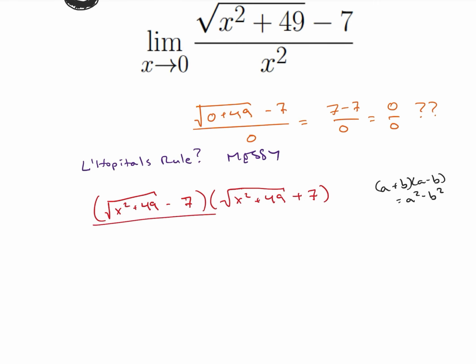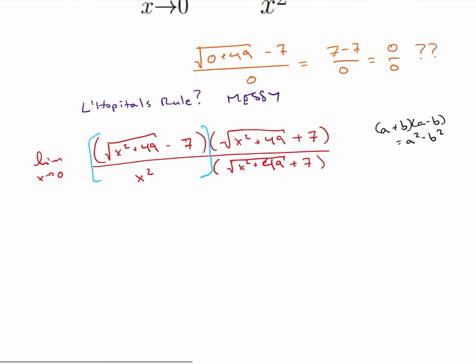So let's go up here and look now at the limit as x approaches 0 of, this is my original expression right here on the left, and I'm just going to multiply it by the square root of x squared plus 49 plus 7 on both the top and the bottom. Okay, and when we do that, let's rewrite this.